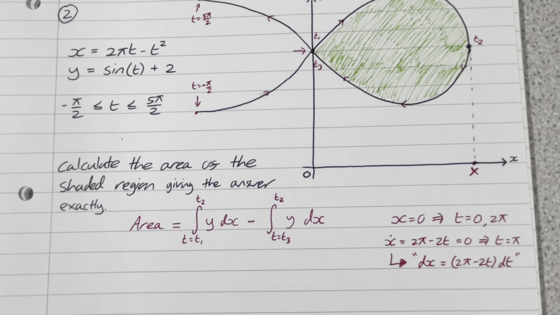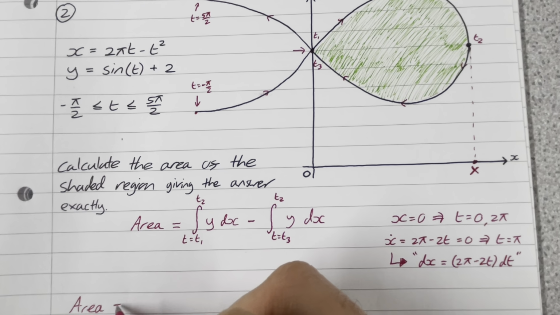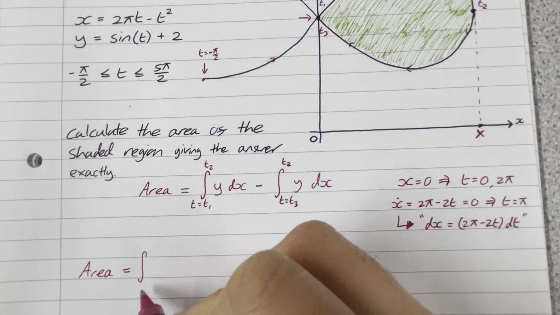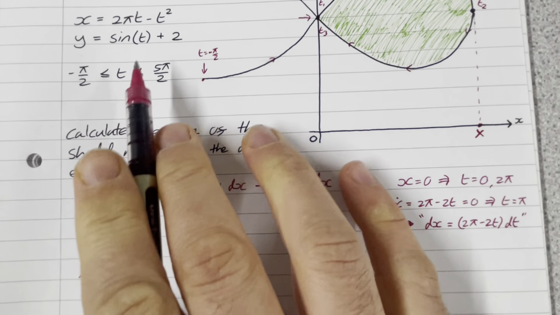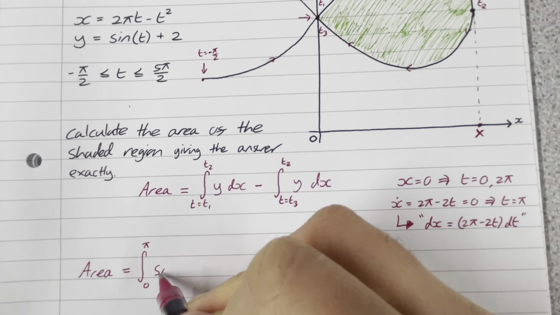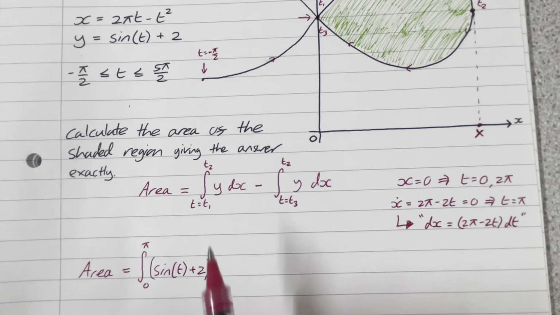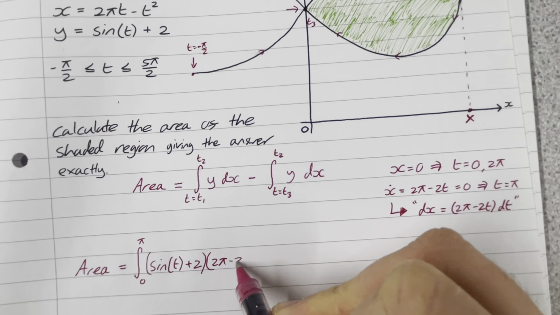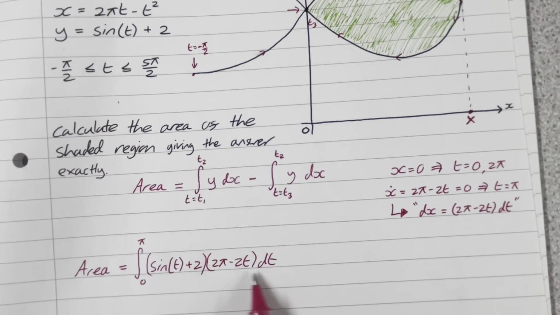I've now got everything I need to carry out my integral. The area is going to be the integral from t equals t1, which was 0, to t2, which is pi, of y, which is sine t plus 2, times dx, which is 2 pi minus 2t dt. So that's the first integral.